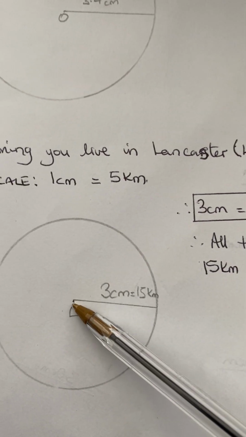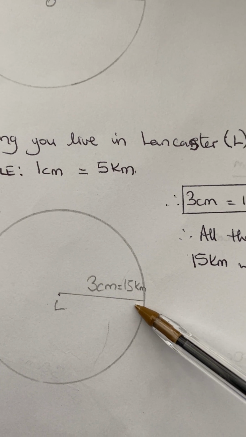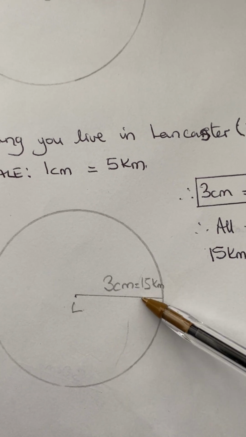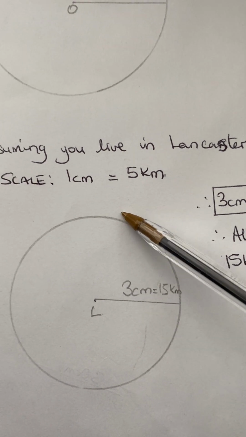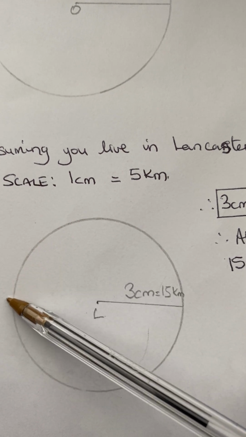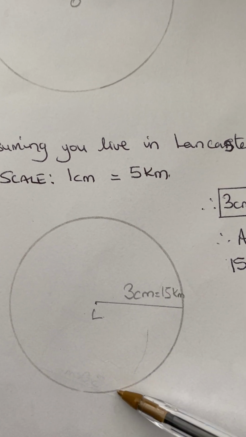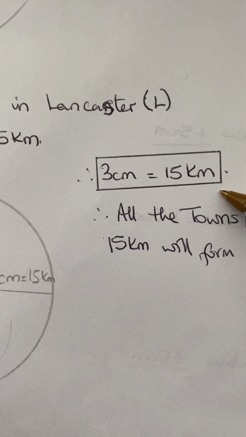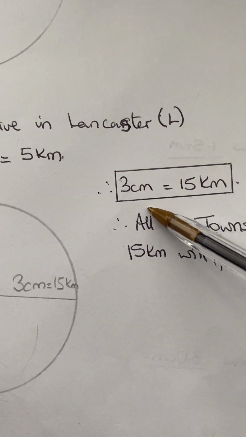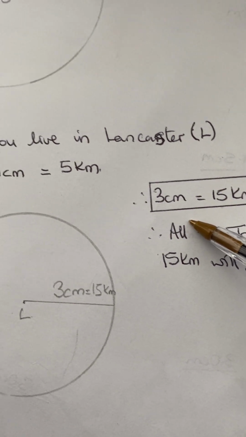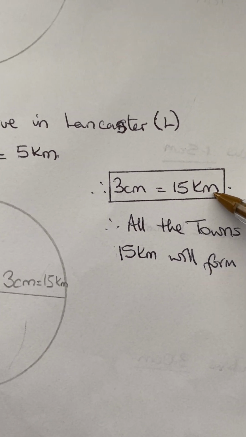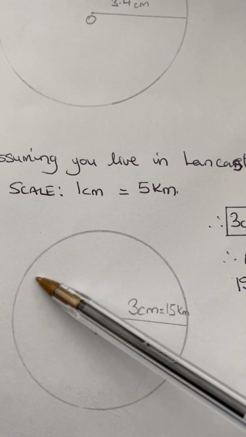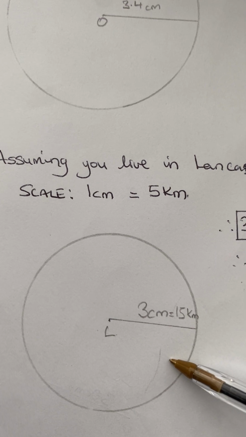So if I draw a circle of 3 centimeters all around Lancaster, then all the towns and cities or villages 15 kilometers away, which is 3 centimeters, not 3.5, will be its locus.